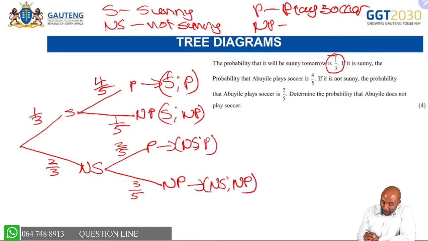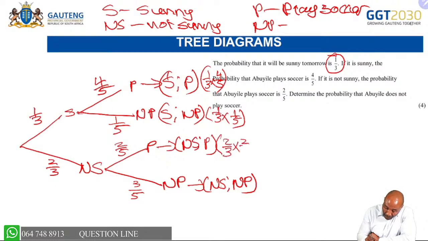But to get our probabilities, remember we are multiplying, so it will be 1/3 times 4/5 to get the probability that it's sunny and he plays. To get the probability that it's sunny and he does not play, it becomes 1/3 times 1/5. This one, it's 2/3 multiplied by 2/5, and we also have 2/3 multiplied by 3/5.